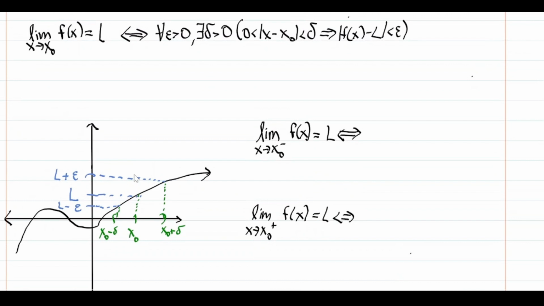So let's take a look here at our graph. You may remember it from our normal definition, but if we take a look at x naught minus delta and just x naught, right here we have our left neighborhood. If we want to take the limit just for our left delta neighborhood, we'll take only values of x here, and both values of L plus epsilon and L minus epsilon, so that whole epsilon neighborhood, but only for values there.